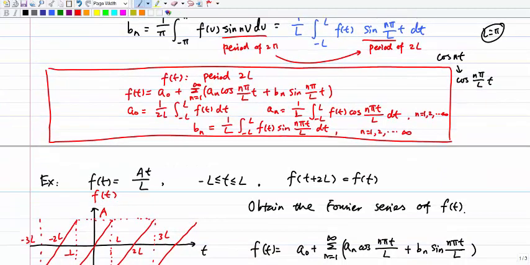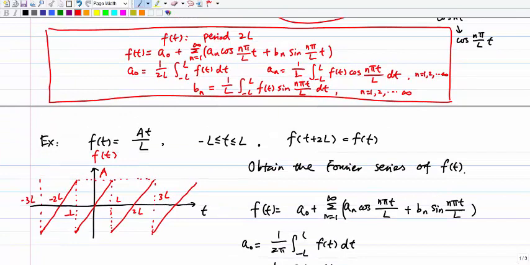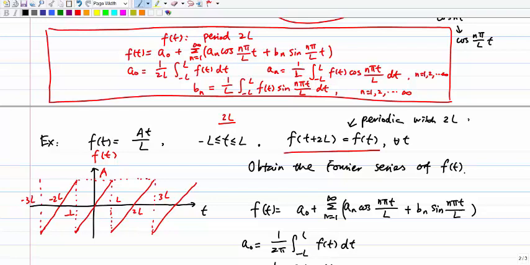Now let me give you an example showing how we can compute the Fourier series for a general periodic function. The example I give you is f(t) given by At divided by L for the range from negative L to positive L, which means it has a fundamental period of 2L. And this f(t) holds for all t, which means it's periodic with 2L as the fundamental period.